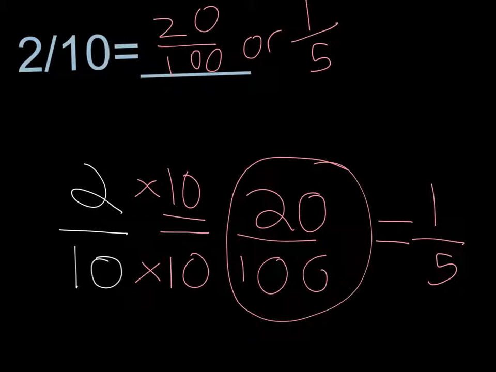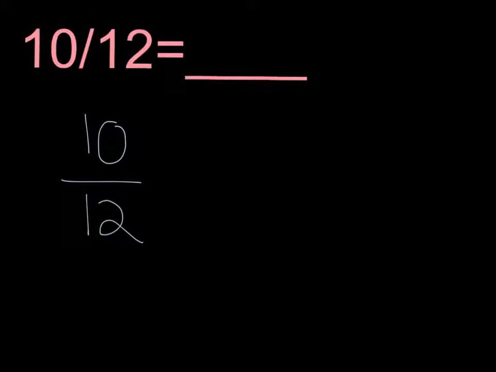So now let's do 10 over 12. What we're going to do here is divide. We can only divide this by 2, because it's the highest number you could divide this by.